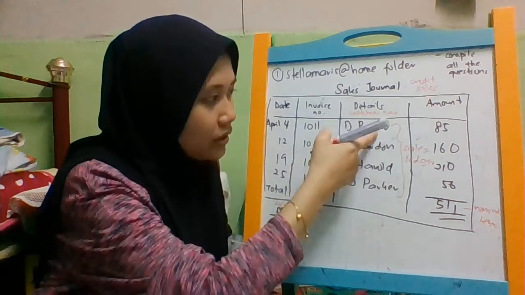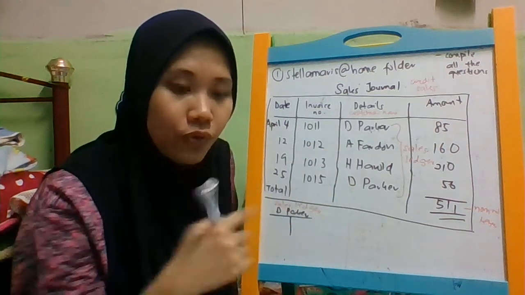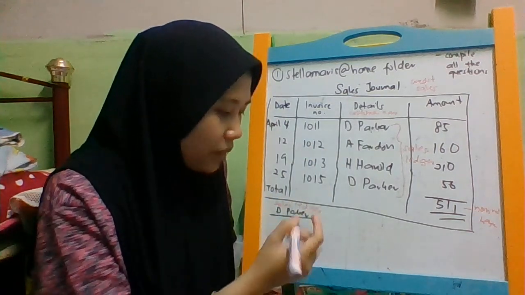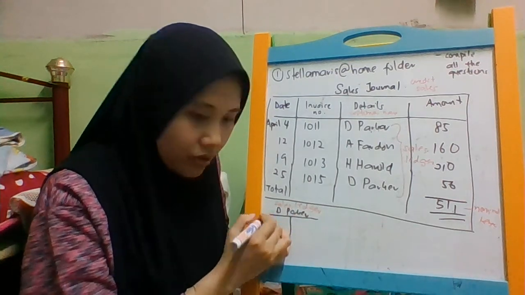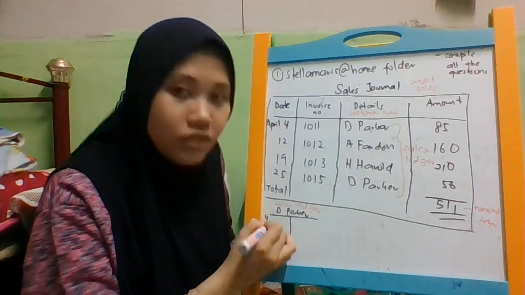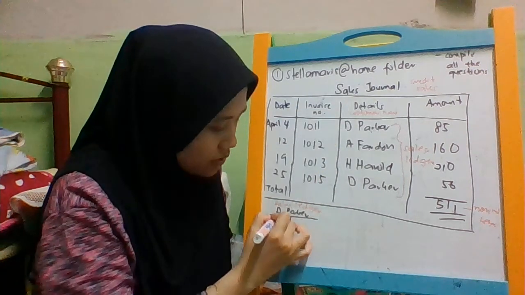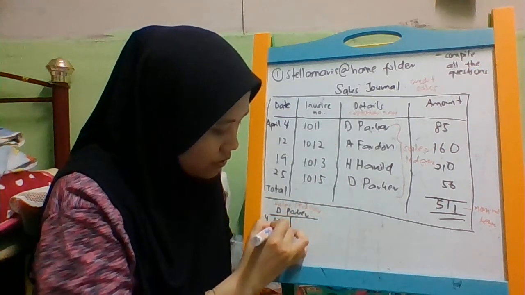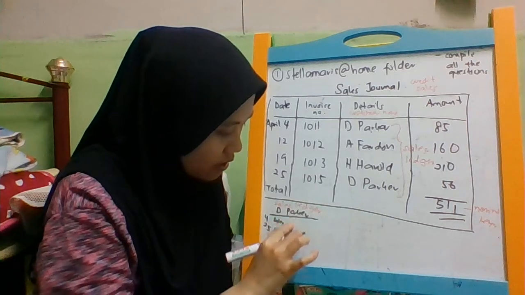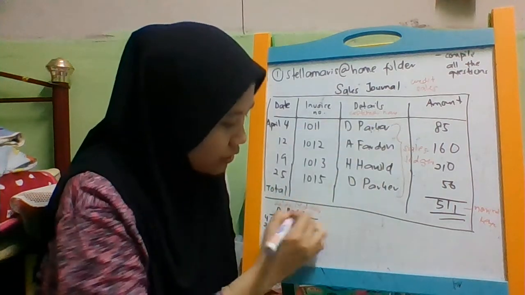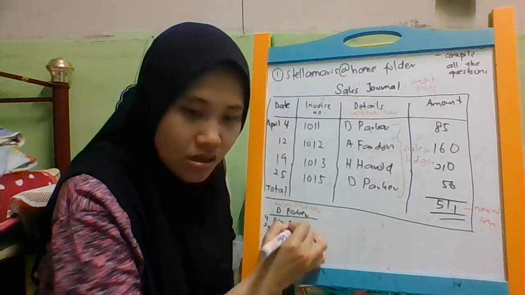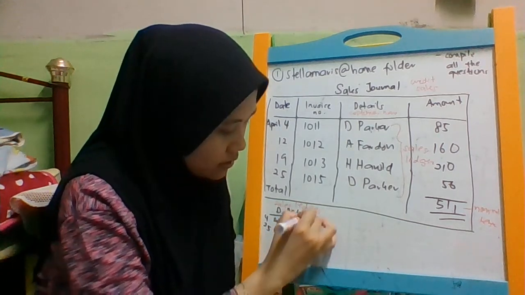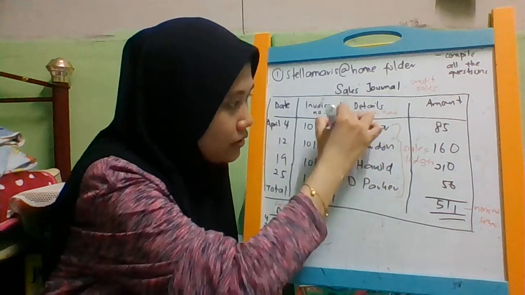D Parker is buying goods from us, so D Parker should receive the goods on the 4th and also the 25th. Received from whom? Received from sales. Put sales, and then how much? On the 4th is 85 and on the 25th is 56. Okay? Settle these two.